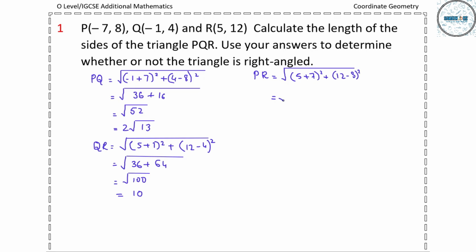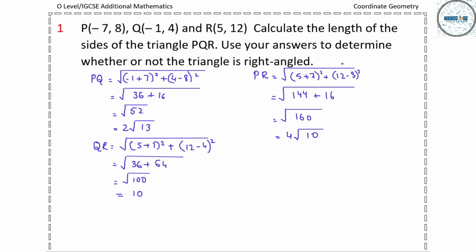Then we have 5 plus 7 is 12, and 12 squared is 144, plus 12 minus 8 is 4, and 4 squared is 16, which is equal to the square root of 160. We can write it as 4 root 10. We have done the first part of the question.